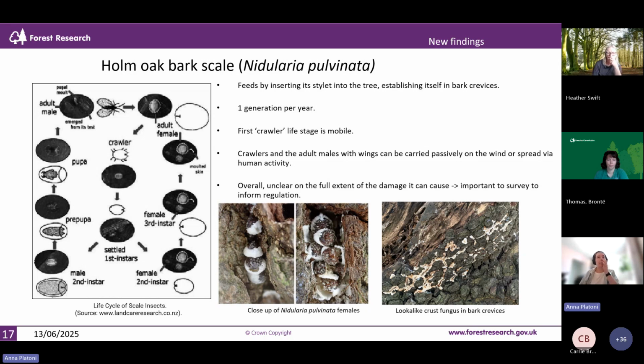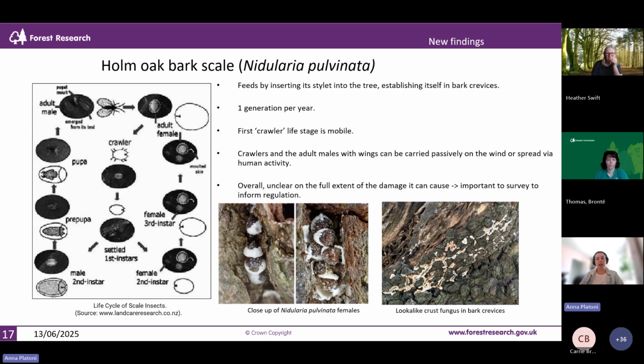We're having a look into whether stressed trees will be more susceptible to this pest, and there's a chance that there's some sort of fungi that may be associated with the scale insect as well. It's likely that they have one generation a year.